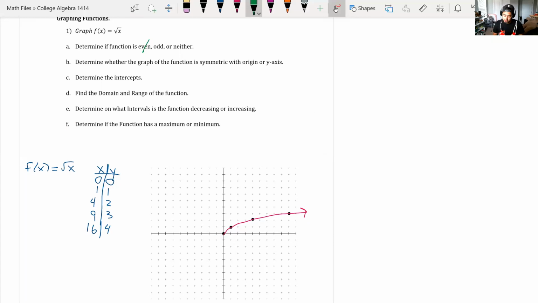Well, if we're symmetric about the origin, this means we should have some graph down here, which we do not, which means the graph is not odd. So since we are not even and not odd, we are neither. Okay, and then B correlates with A because it wants to know where the graph of the function is symmetric. Is it symmetric with the origin or the y-axis? Well, since it's neither, then we're going to have none. I cannot write.